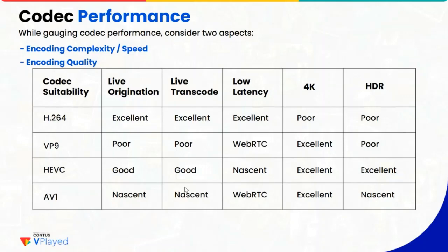And one more thing: when coming to codec performance, there are two main categories. One is encoding complexity, and another is encoding quality. By its name, it is about quality, right? Quality means obviously it takes much more time to do the transcoding.